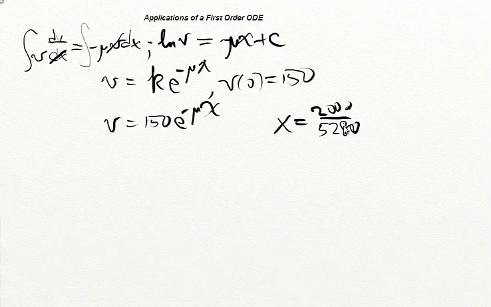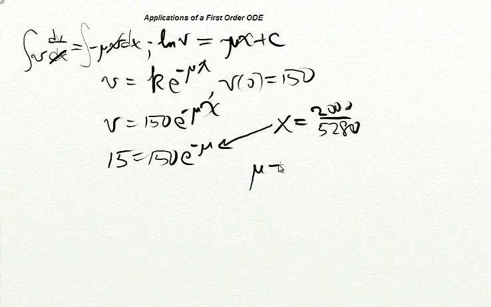And then plug that in, and you get the equation 15 equals 150 e to the minus mu times this value of x. And there's a little work there to solve. You get that mu is equal to 66 over 25 times the log of 10, which is approximately equal to 6. Then we're asked, what's the time required to do that?